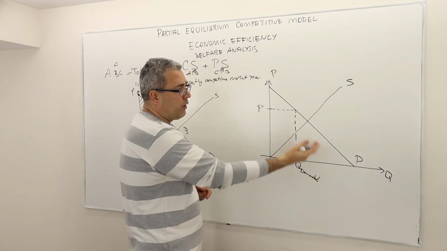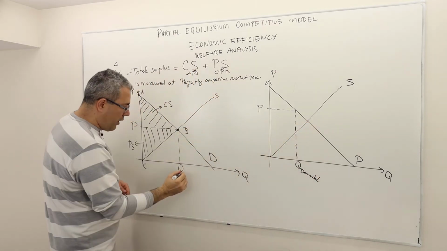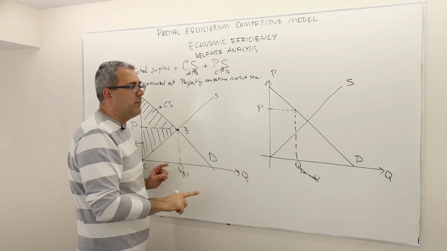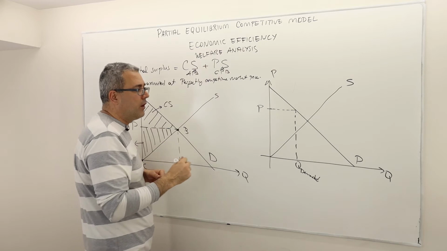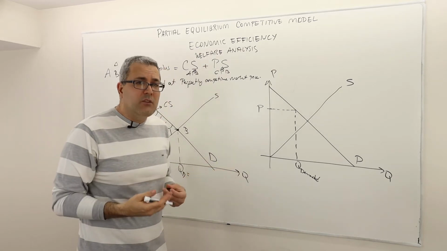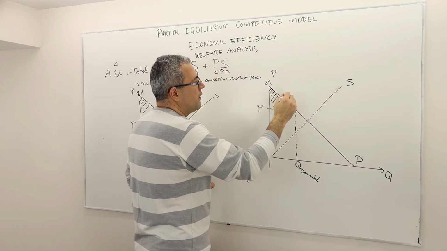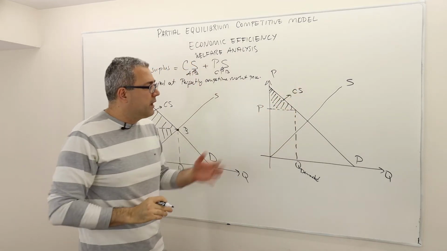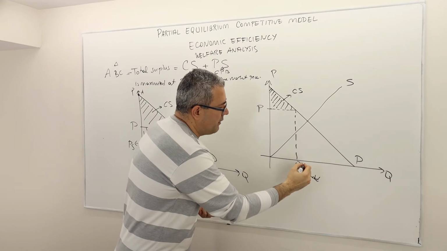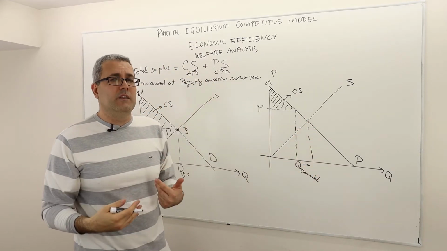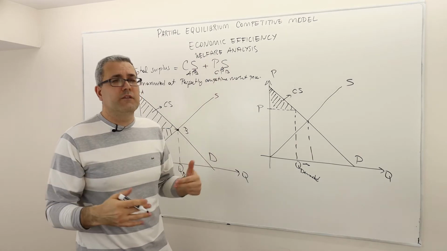Normally the quantity demanded would be this much, but now we're going to have less quantity demanded because the price is higher. If we calculate the consumer surplus, obviously it's this area, because all these customers in between here and here are now not able to buy this product because the price is way too high for them.